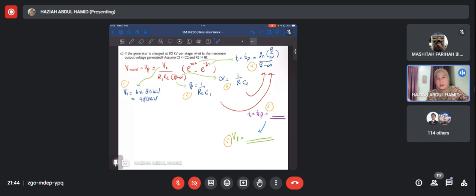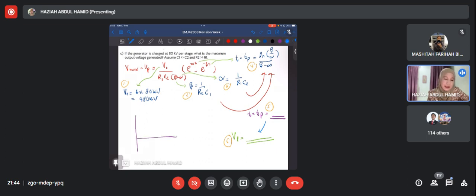Kita boleh take the derivative of this equation dan kita equatekan dengan kosong. Maksudnya kita buat dv per dt equal to 0. The whole equation kita ambil derivative and kita equal to 0 to find t.